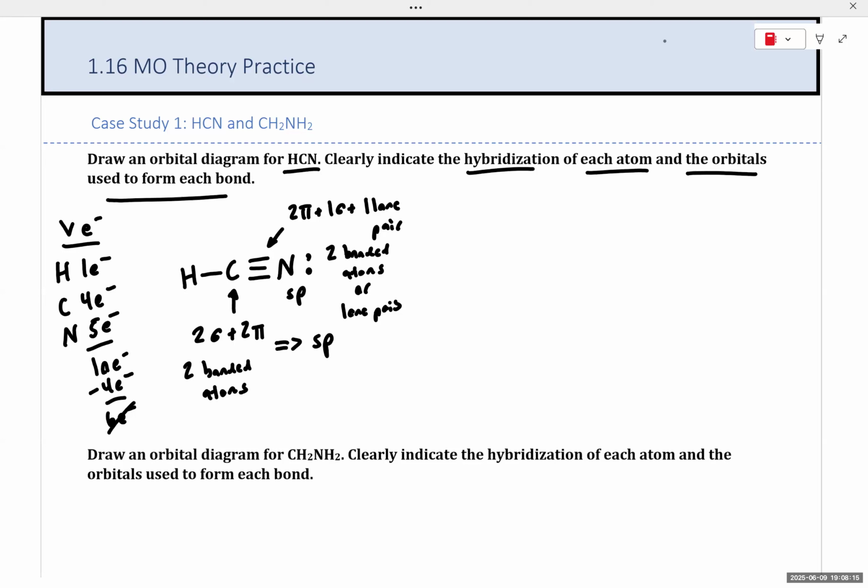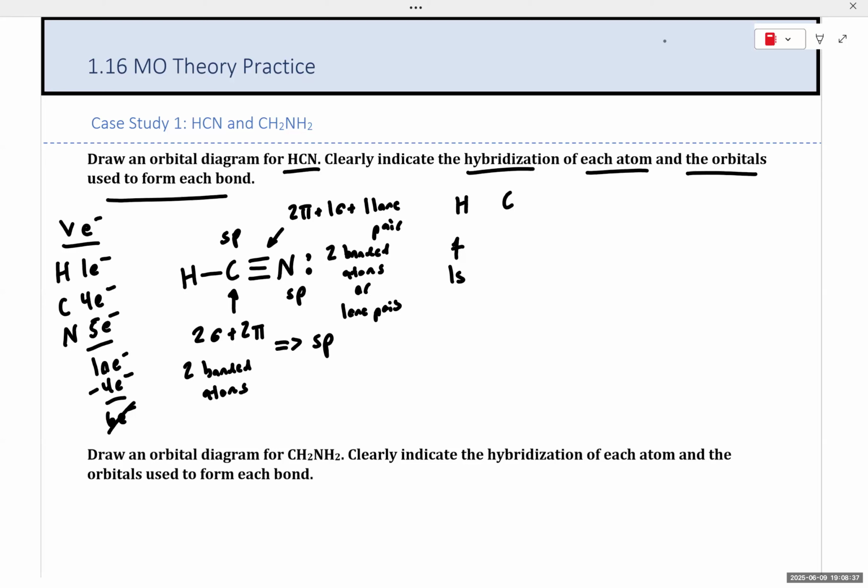Okay, now that we've identified the hybridization of each of our atoms, we can go about constructing an orbital diagram. First, let's look at what orbitals we have available to overlap. This hydrogen has a 1s orbital and it has one electron in it.